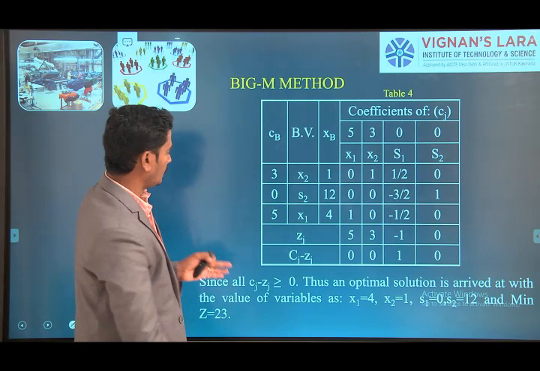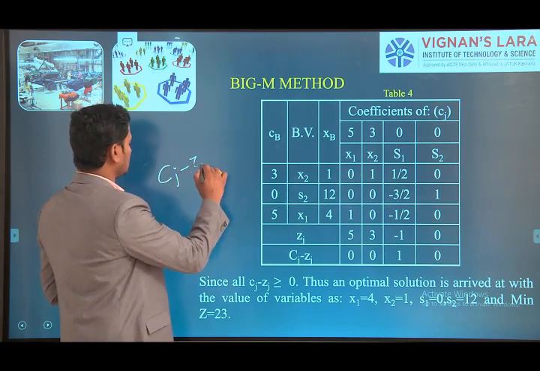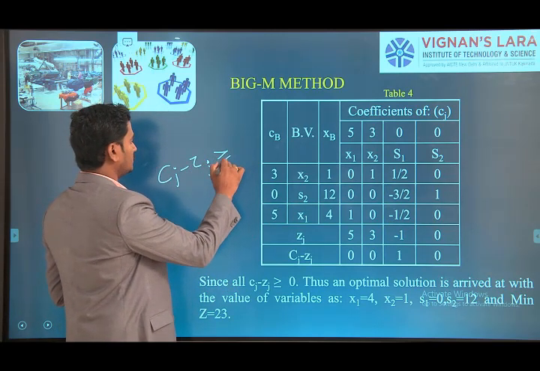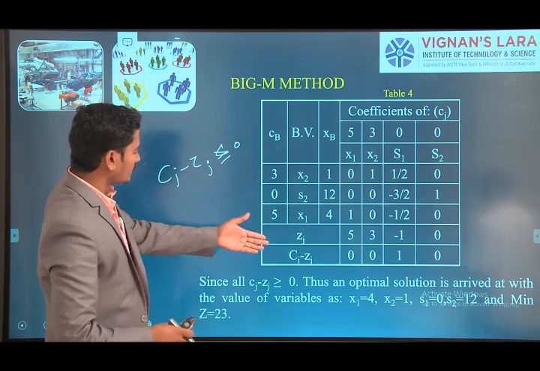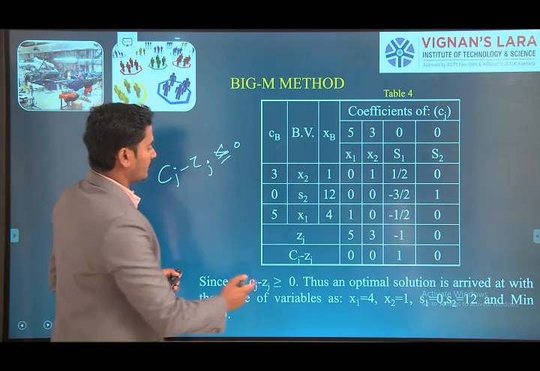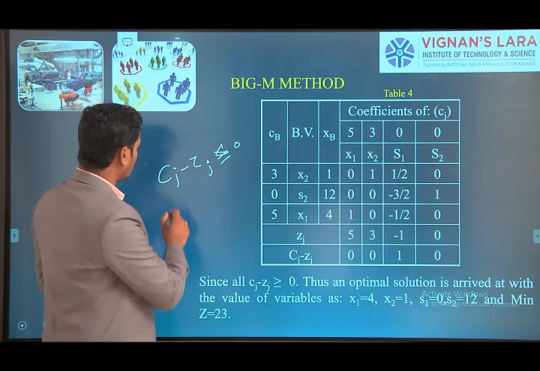See this. Here Cj minus Zj is less than or equal to 0. The condition is satisfied. Here we have one more difficulty.